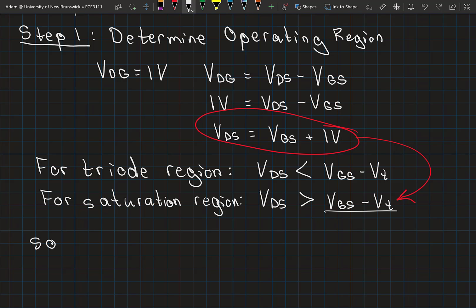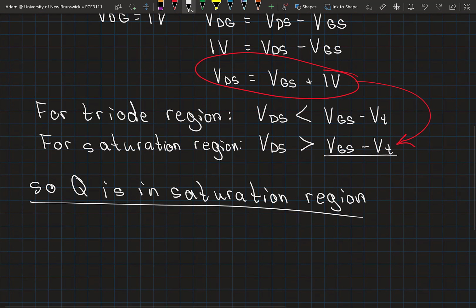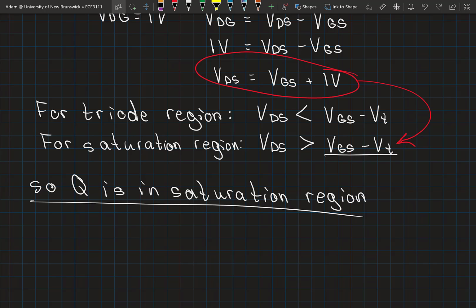Okay, so the operating point Q is in the saturation region. Okay, so that's our first discovery.